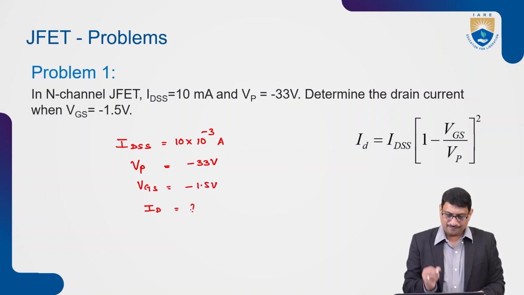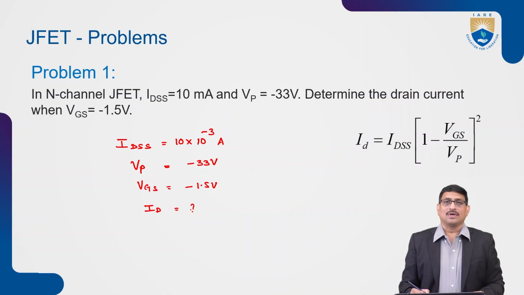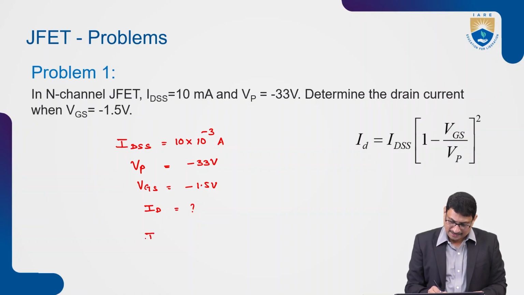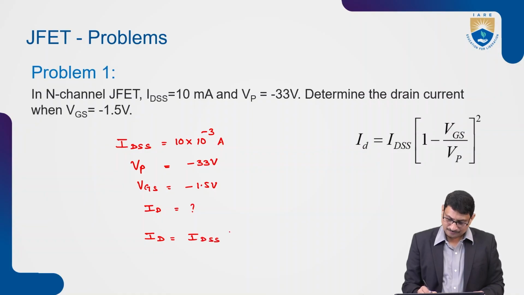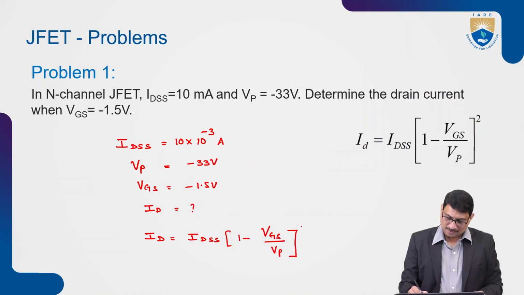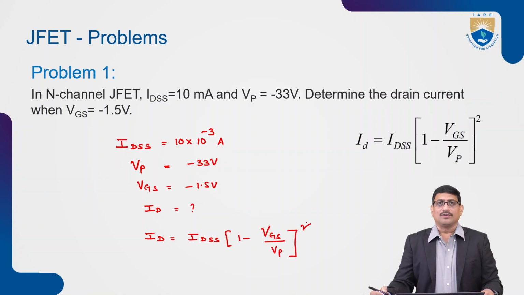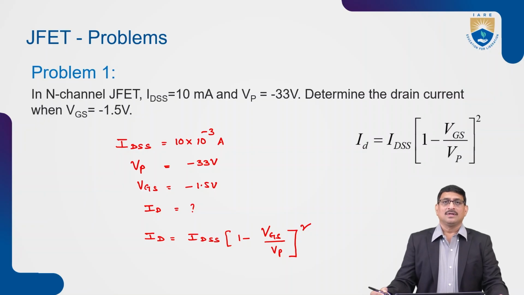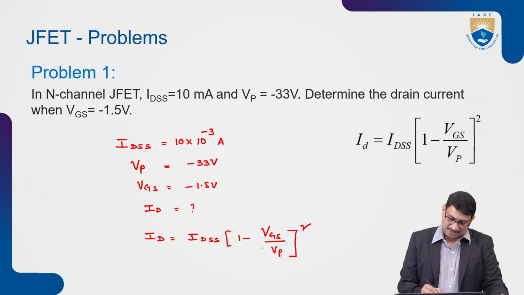To calculate the drain current, we have the expression ID equal to IDSS into 1 minus VGS divided by VP whole square. So this is the equation which we derived from the transfer characteristics of an N-channel junction field effect transistor, where VGS, VP, IDSS values are given and we need to calculate the ID.